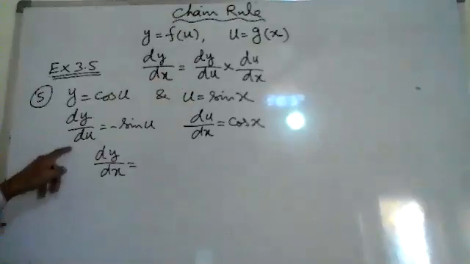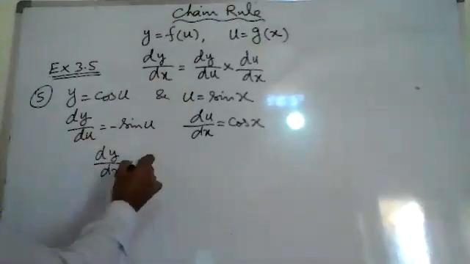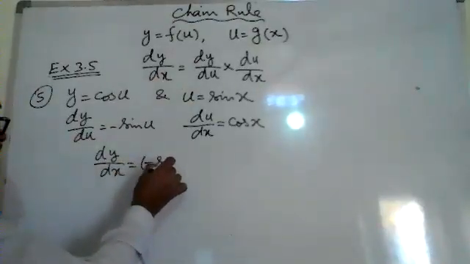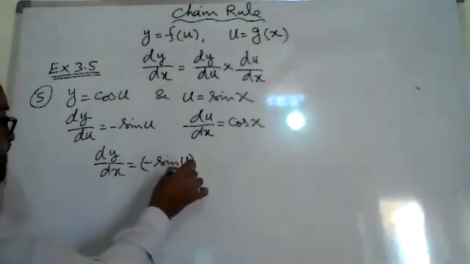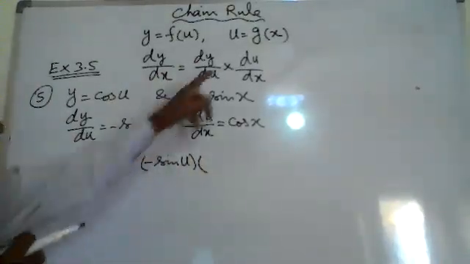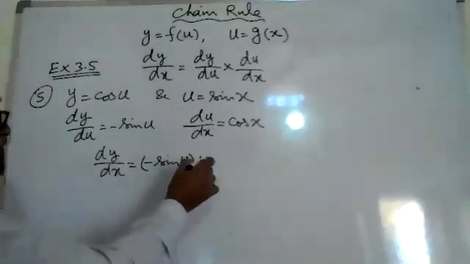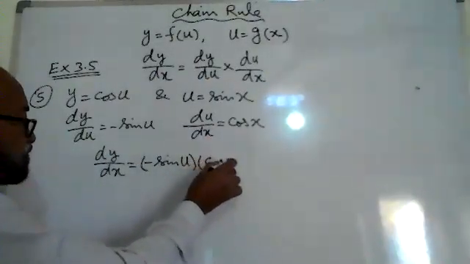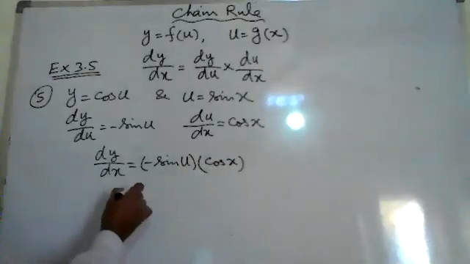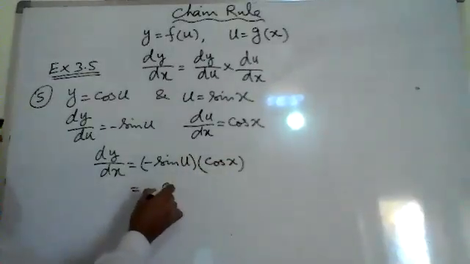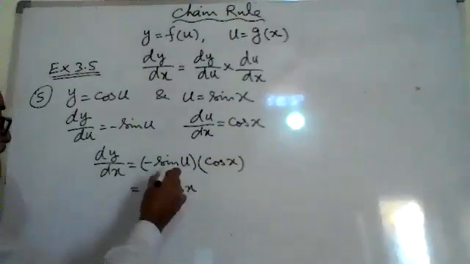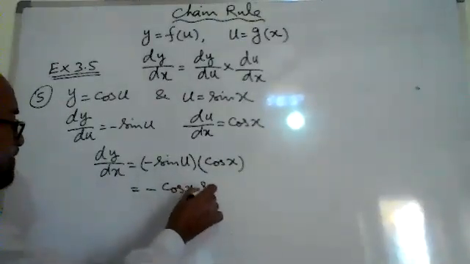So dy upon du is minus sin u, into du upon dx. Du upon dx is cos x. It will become minus cos x into sin u.